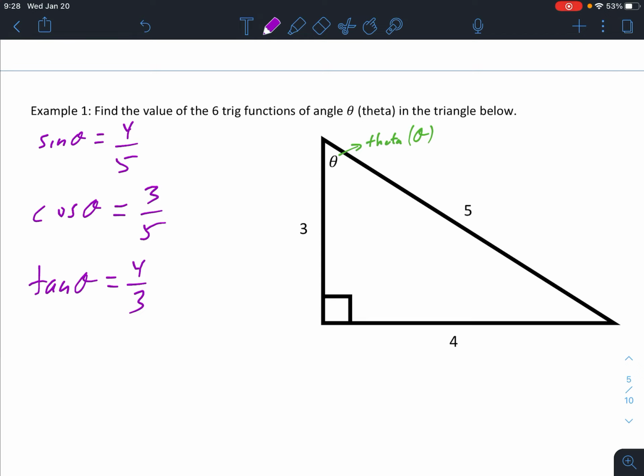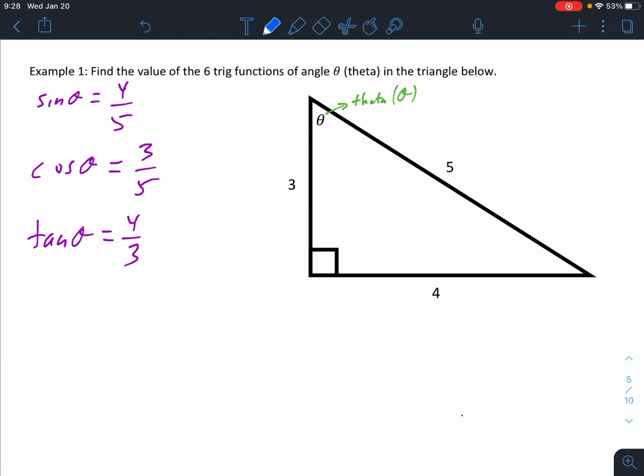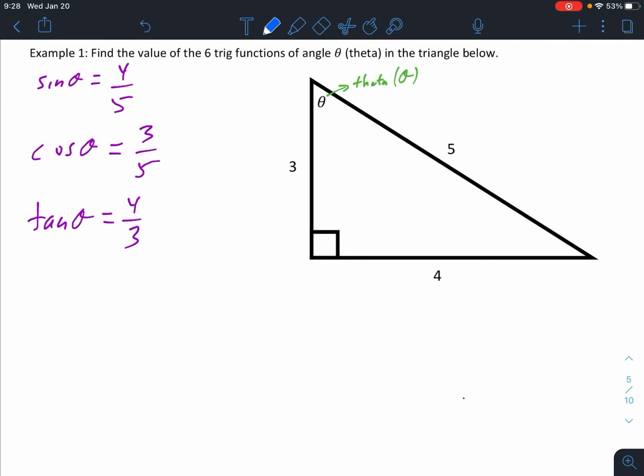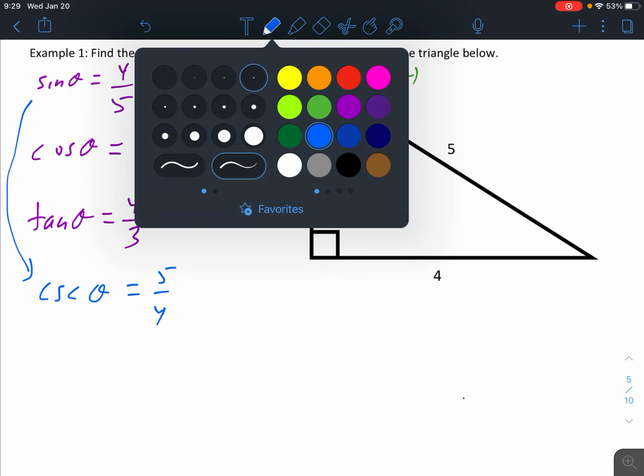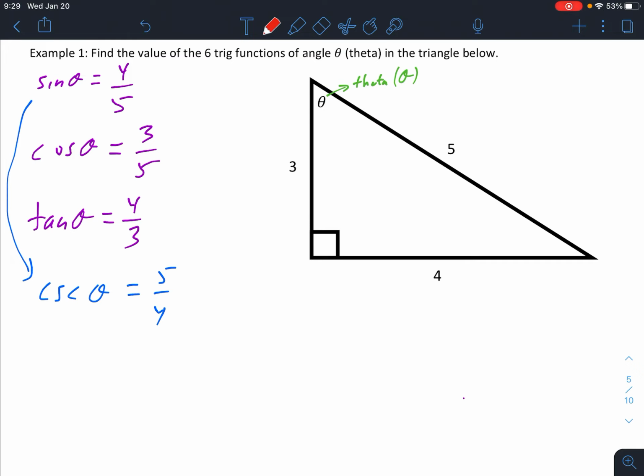The good news is, once you've gotten those 3, like I said, the other 3 are very simple, okay? Remember that the reciprocal of sine is cosecant. So if the sine is 4/5, the cosecant is 5/4. The reciprocal of cosine is secant.